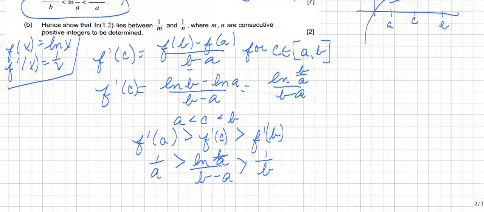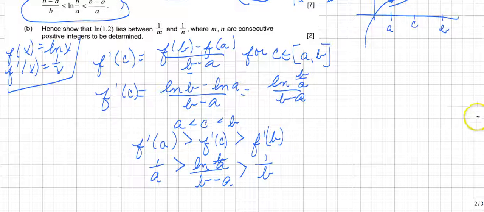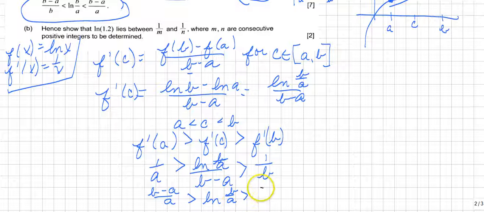Now, let's glance back at what we're trying to get. It's starting to look like that a little bit. But now I want to multiply through to get rid of that b minus a. I'm going to multiply both sides of this inequality by b minus a, so I get b minus a over a is greater than ln of b over a is greater than b minus a over b.